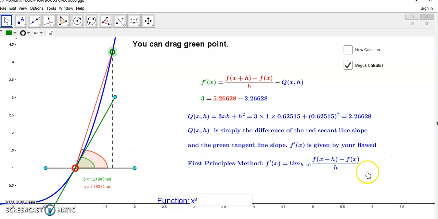And f prime of x is given by your flawed first principles method. So in other words, this piece of crap here, which you've learned by heart and never understood and thought was correct, with all your epsilonic arguments and your hand waving discussions, etc., none of this is correct.